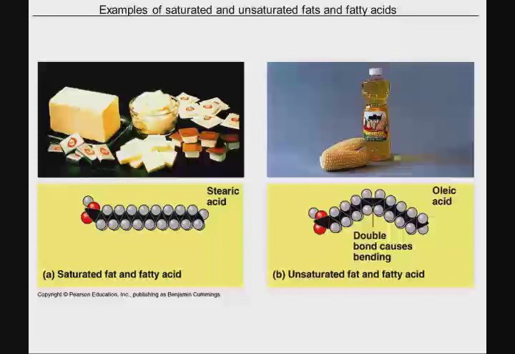Now, there's a lot more to lipids than what we're talking about just in this short introduction class. So you can talk about saturated versus unsaturated fats. What I recommend is exploring a nutrition class to learn more deeply about these aspects of lipids and fats. For now, we're going to talk about fats as being a biological function for energy storage.